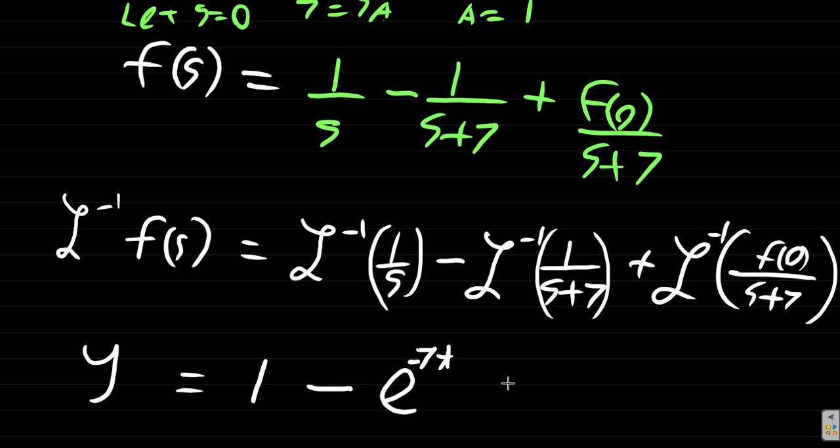And then plus the inverse Laplace of f of 0 over s plus 7. F of 0 is going to be just a constant, right? So it's going to be f of 0 e to the negative 7t. All right, so that's what we'd have.